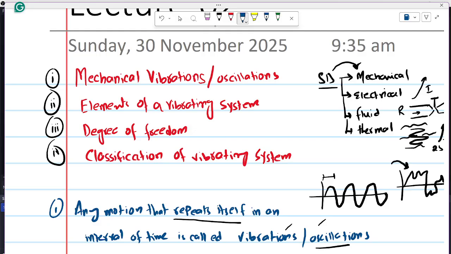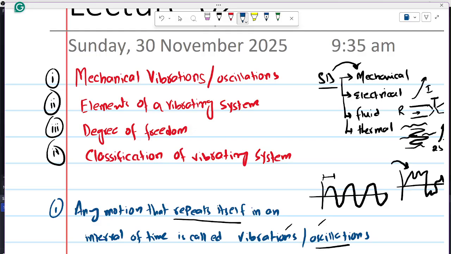The last one is the different classifications of vibrating systems. So whenever you encounter a mechanical vibrating system, you know what the different elements are that are part of it, what the degree of freedom is, and which category it lies in, so that you can apply the appropriate mathematical modeling technique. And once you find the mathematical model, you can apply the suitable solution technique, right?